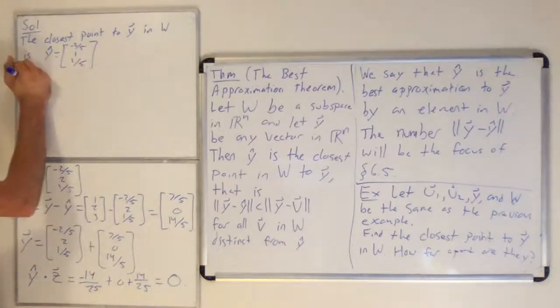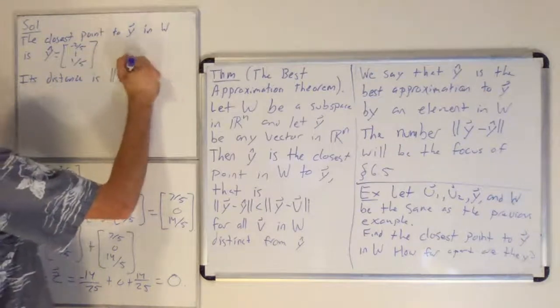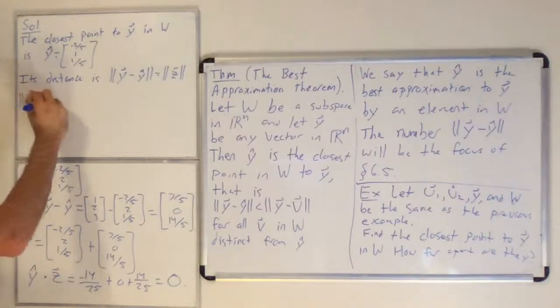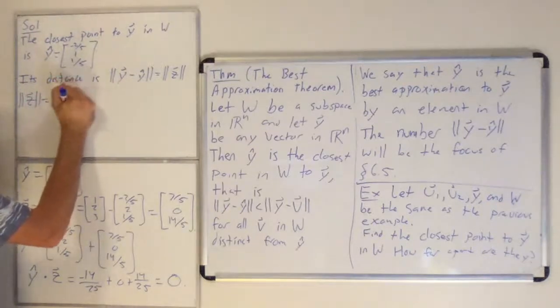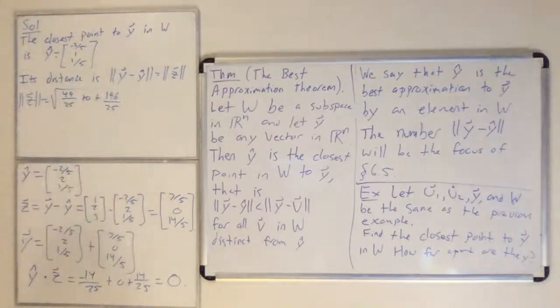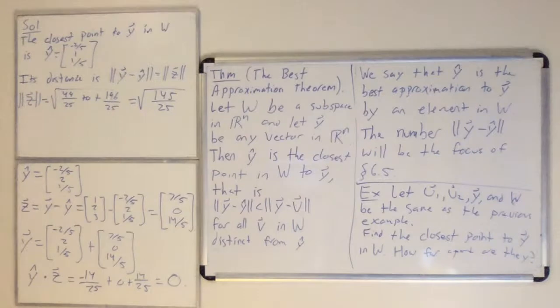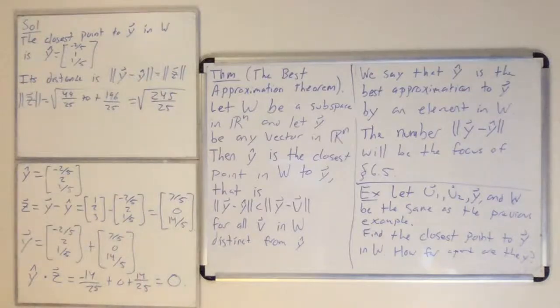So its distance is the length of z, which is the square root of 49 25ths plus 0 plus 196 25ths, which is the square root of 245 twenty-fifths.